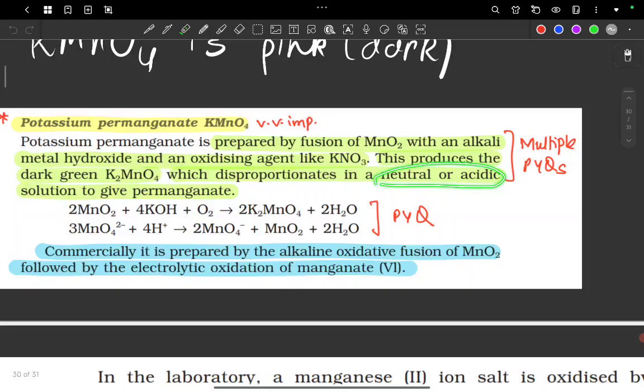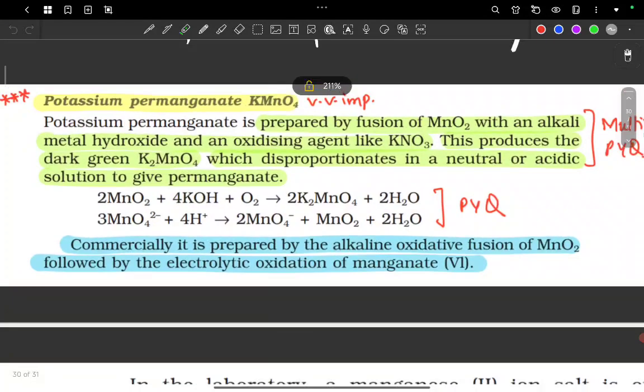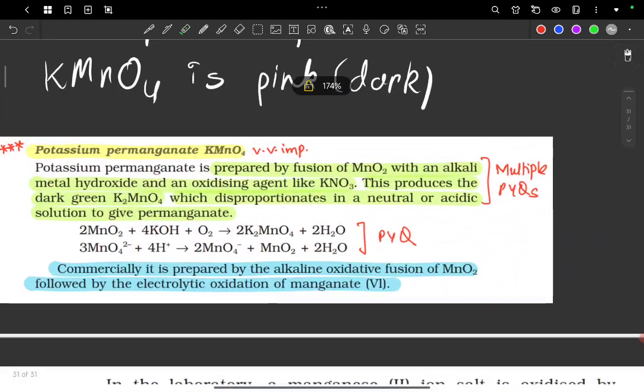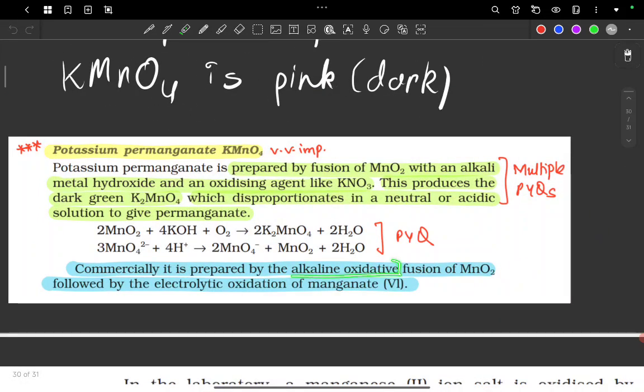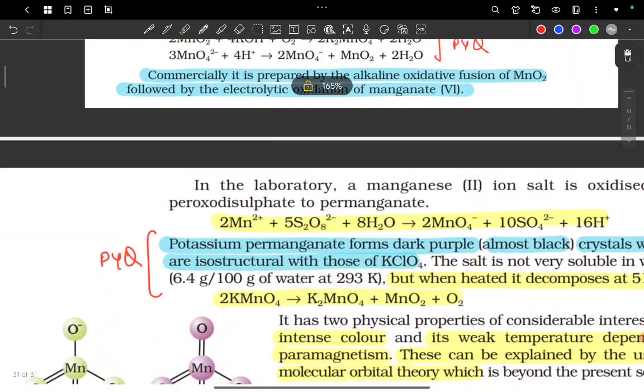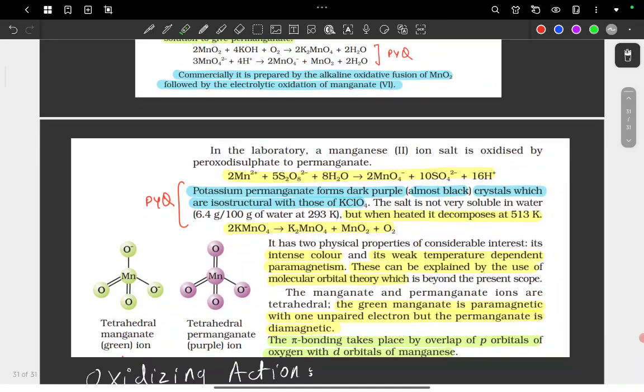Like here we did neutral and acidic, but if you want to do this in alkaline medium, you can also do this via oxidative fusion of MnO2 and electrolytic oxidation of manganate 6. Okay, I think this is the exact same process though. Alkaline oxidative fusion, this is the exact same thing, I guess. Electrolytic oxidation. Hmm. Ignore what I said.